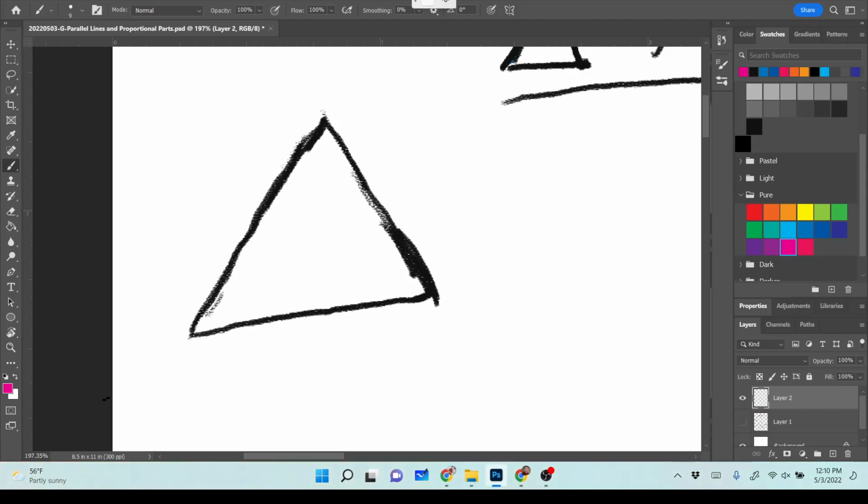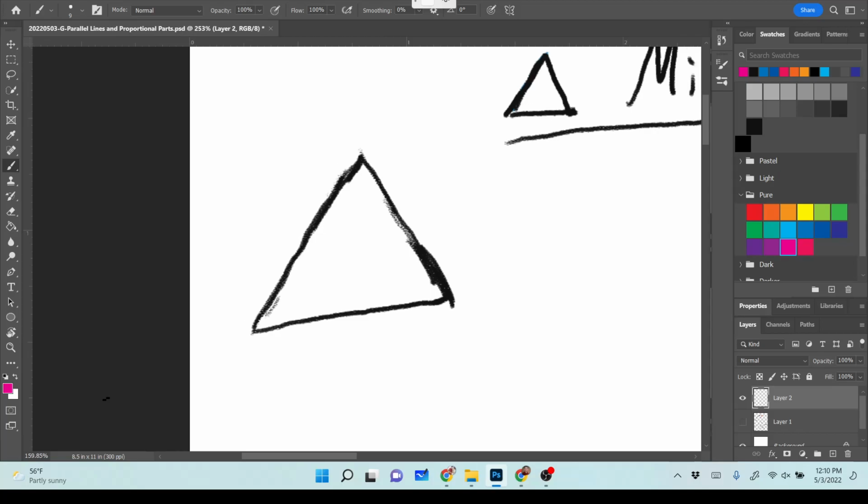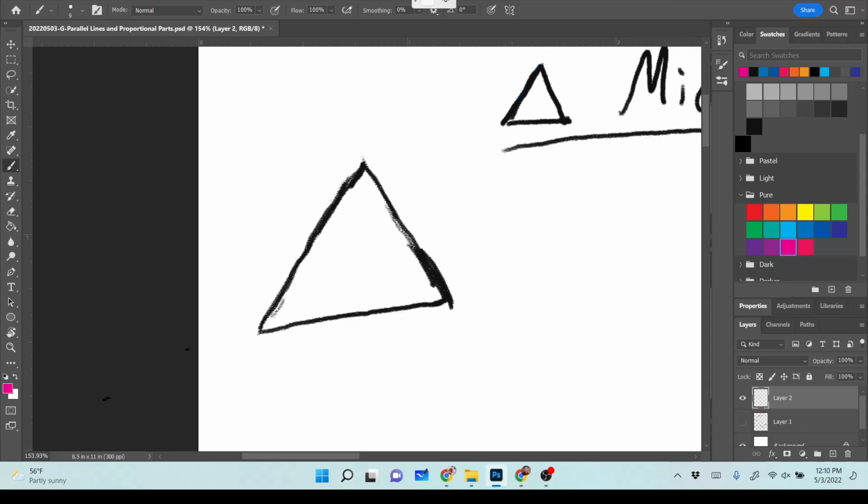Come back to me. So here are the midsegments. You ready? These are the midsegments of triangle ABC. Right? The midsegments are where all the midpoints are connected.